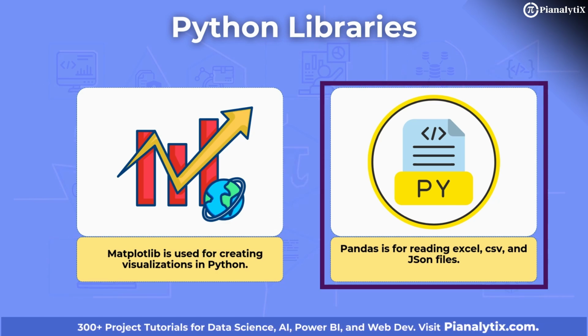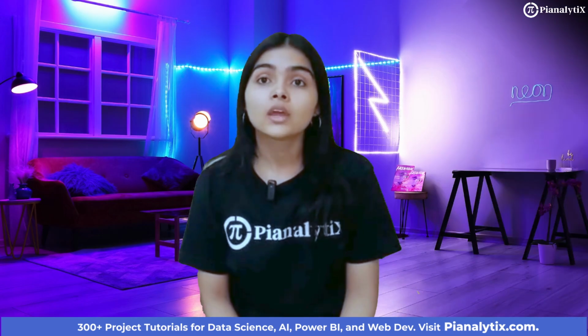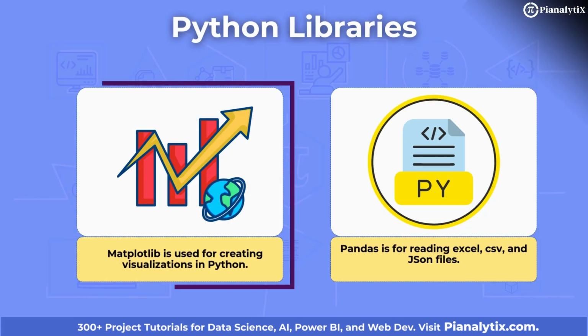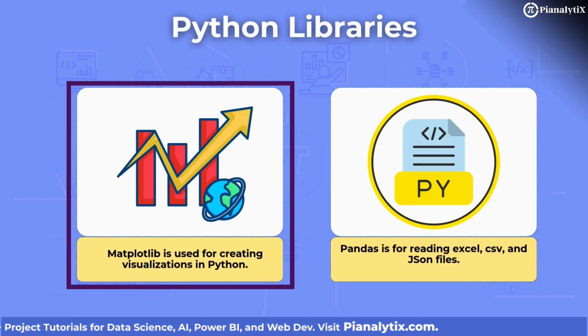Pandas is used to read or write CSV, Excel, and JSON files. It is also used for working with data frames, data manipulation, and analysis using group by, concatenate, and merge. Matplotlib, on the other hand, is used for creating static, animated, and interactive visualizations in Python.